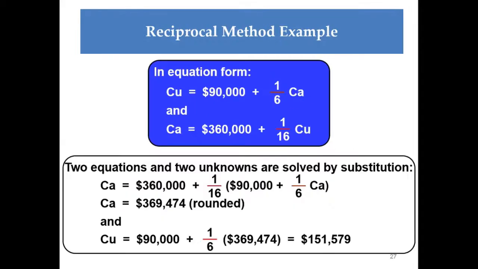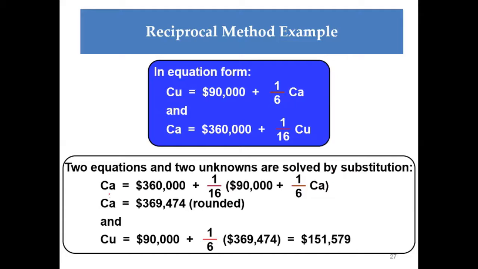We can solve these two equations in two unknowns. Here I have two unknowns, CU and CA. Two equations in two unknowns are solved by the substitution method.